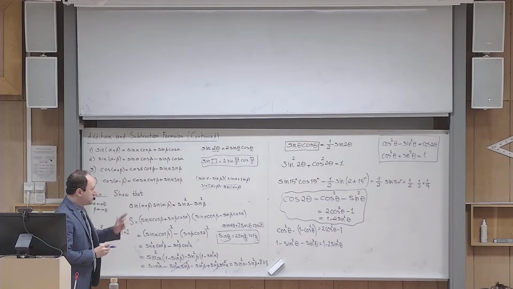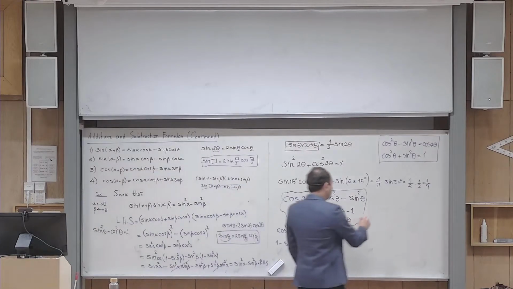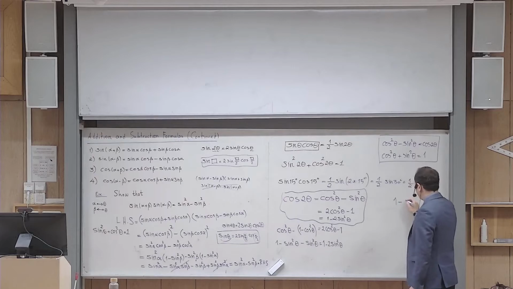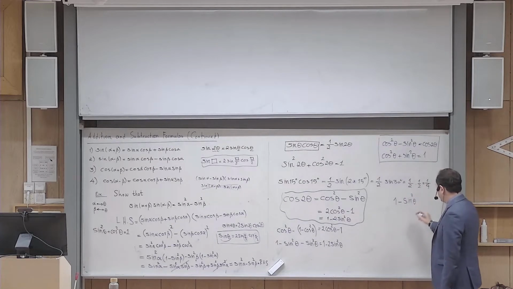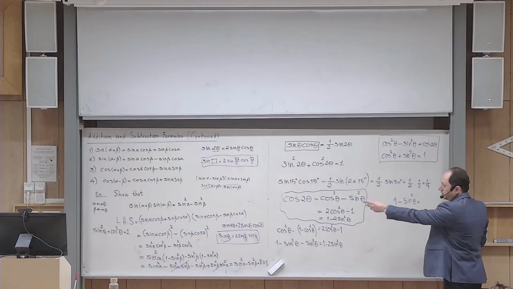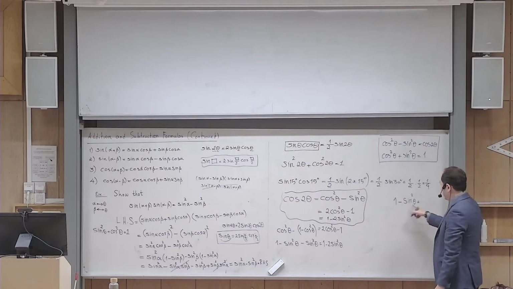And again, let me just draw your attention to another pattern. You see, if I ask you what is 1 minus sine squared theta, this is the very old pattern we had before. So the answer to this is simply cosine squared theta.